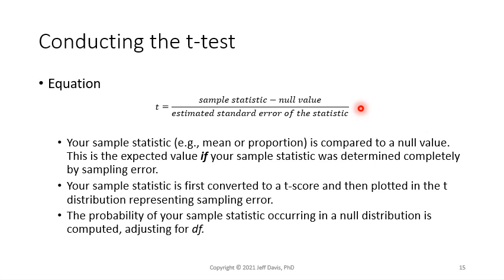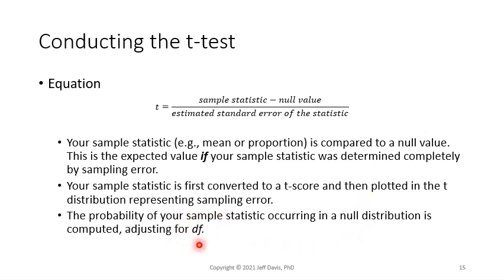Then it says, given the t-score computed for this comparison, in a distribution of random sampling error, this is the probability of that t-score occurring.